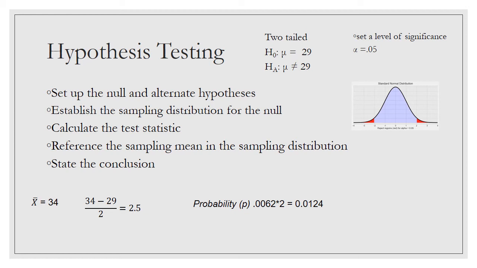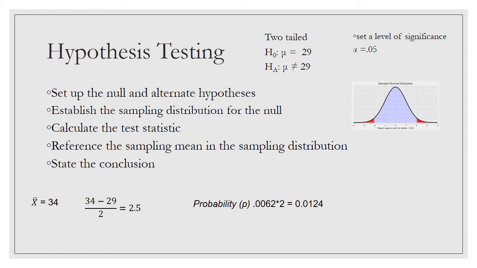So overall, if we're looking in either tail, the total probability associated with that, the calculated probability, is about 0.012. So a little bit more than 1% of the time we would find these values or more extreme.